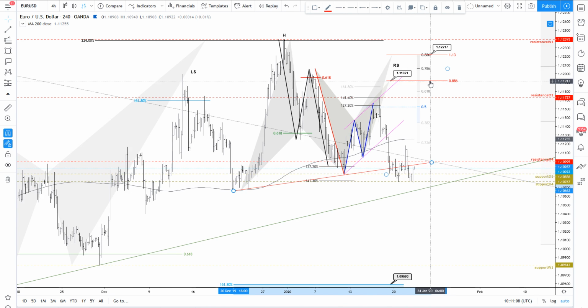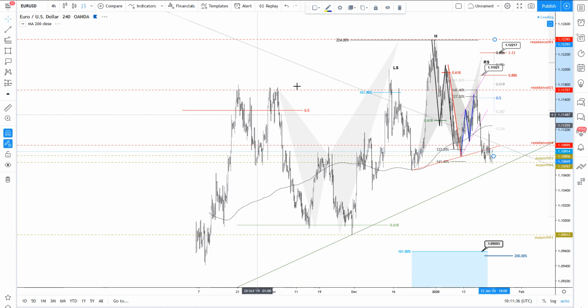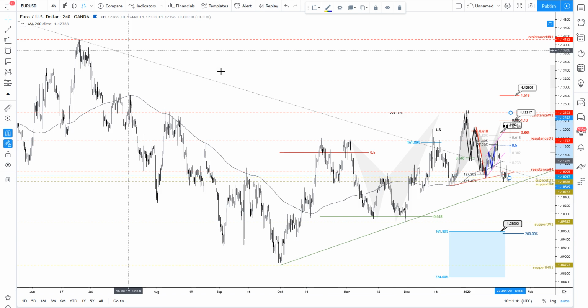That was my expectation, but at the same time I was pointing to this symmetrical three-wave structure, symmetrical behavior at 127 extension and the 50% Fibonacci retracement from all this structure, from these highs. At that time we were facing the 50% Fib with a symmetrical three-wave structure printed above this major descending trend line resistance.